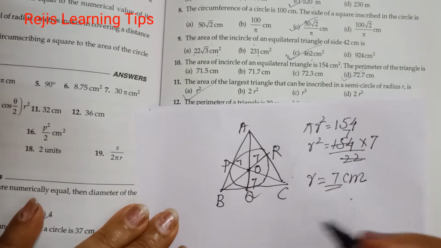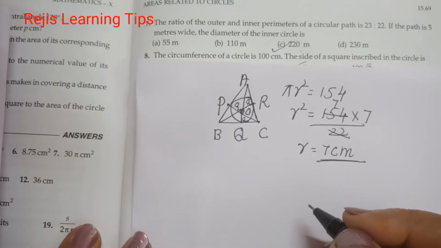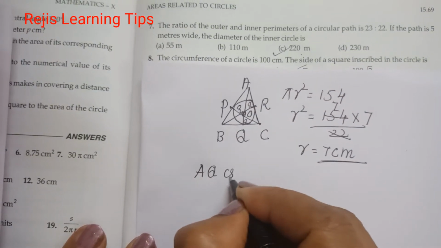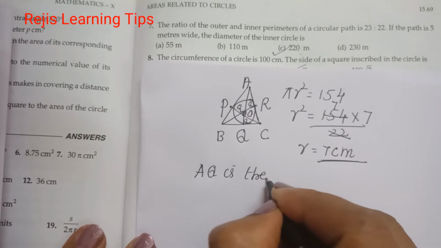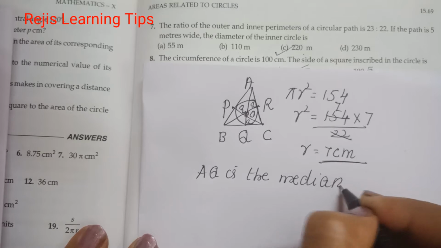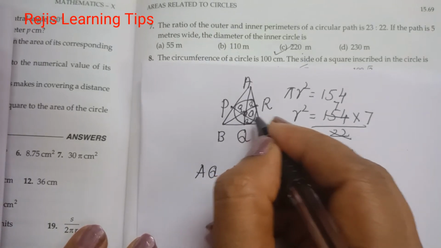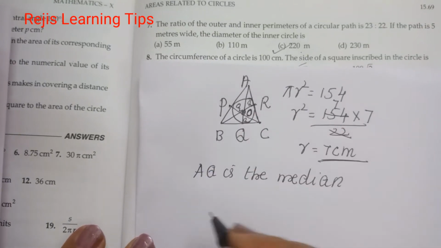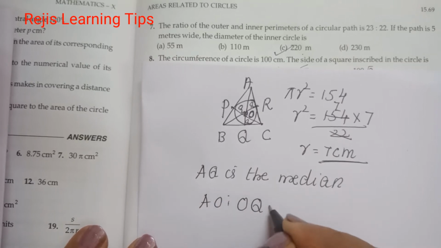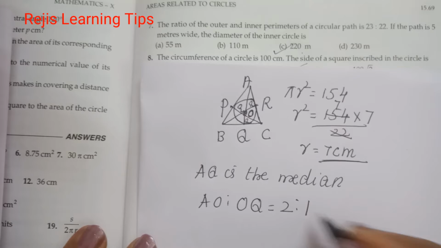Okay, OQ. The next AQ is the median. AQ is the median. Then this point is O. Then AO is to OQ is equal to 2 is to 1.